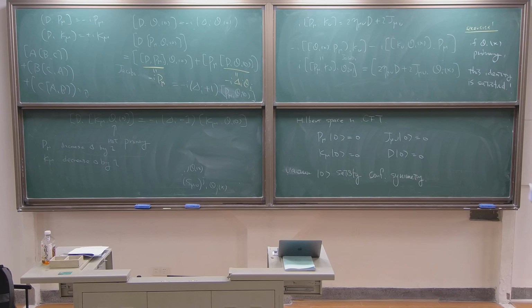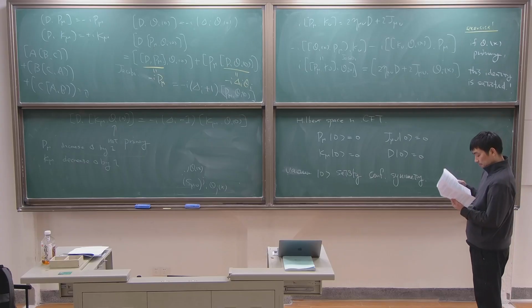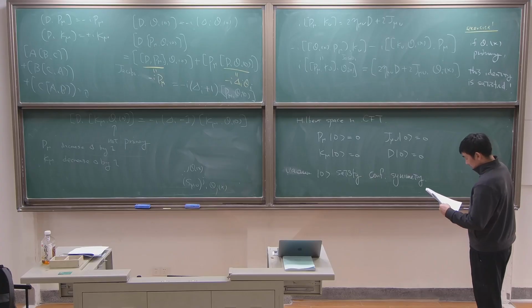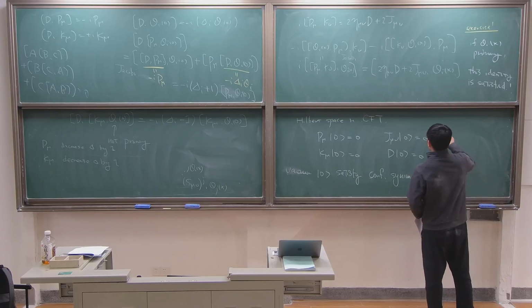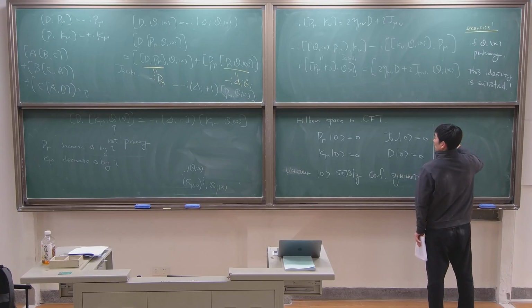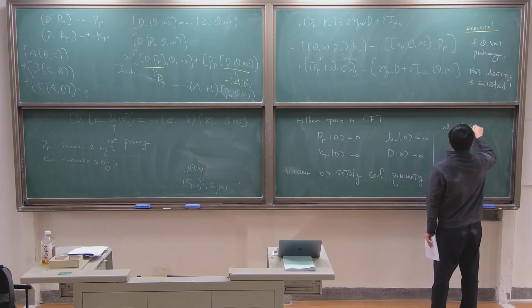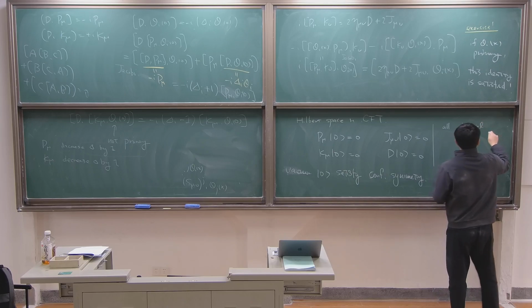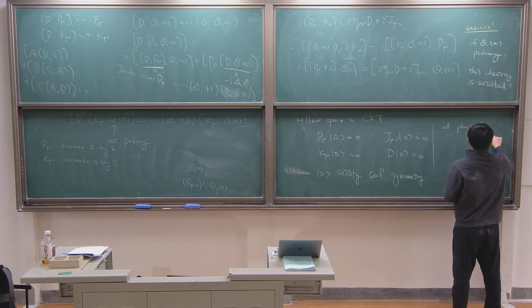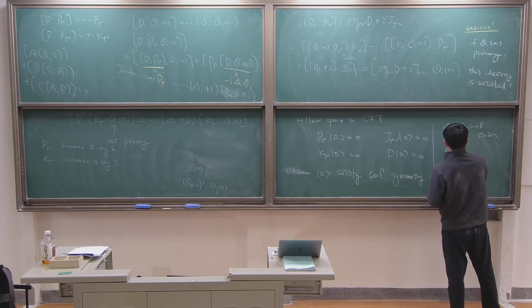Furthermore, we'll define as follows. And then we need to impose conditions on all physical states. So this is the vacuum, and all physical states should satisfy the following conditions.